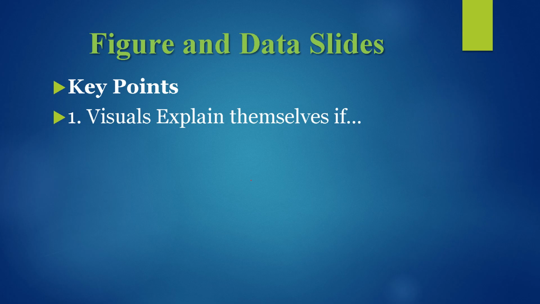Well, the first point that is very important is rooted in human psychology. Visuals explain themselves. You have probably heard the expression, a picture is worth 1,000 words. Visuals are absorbed and organized in the cognitive processes very quickly and effectively, much more easily than a series of words.